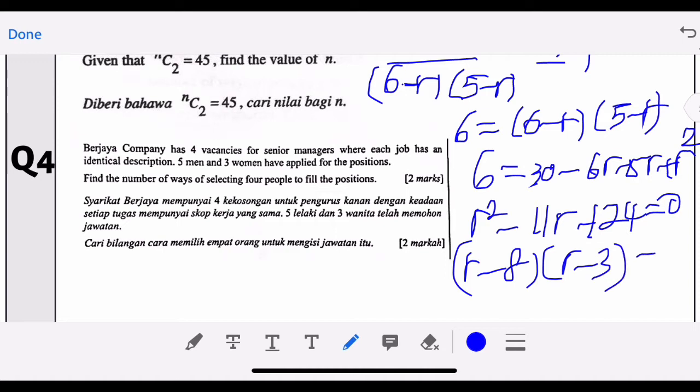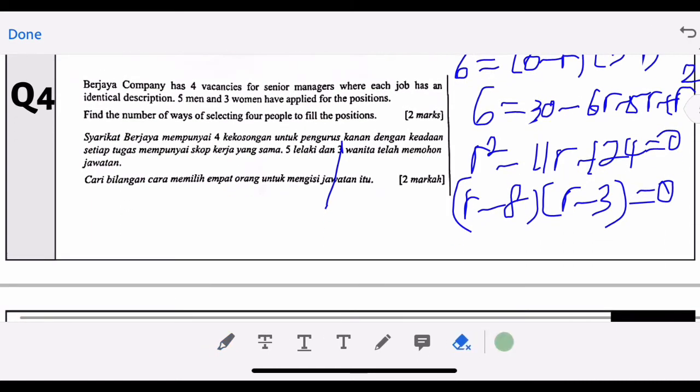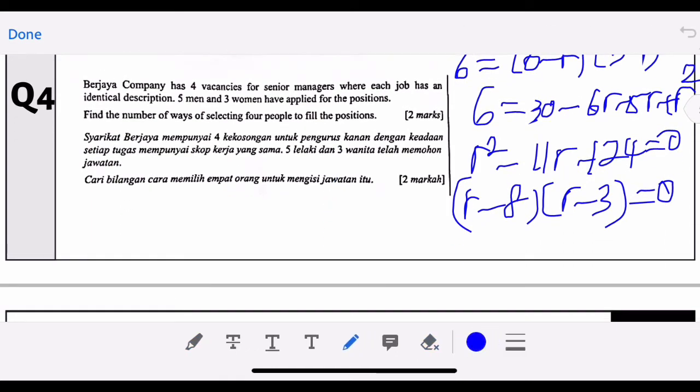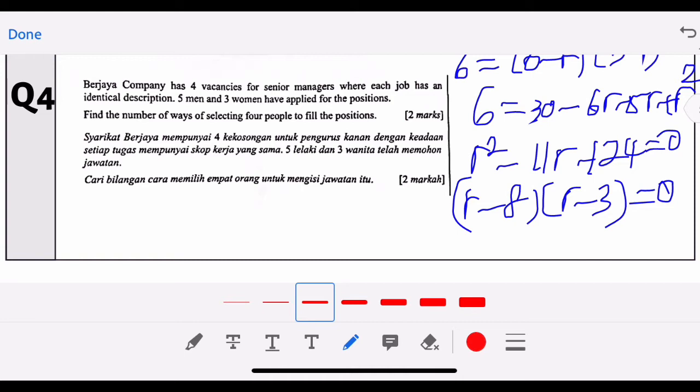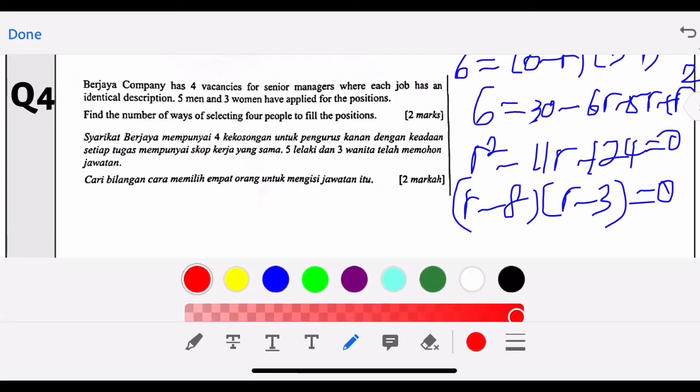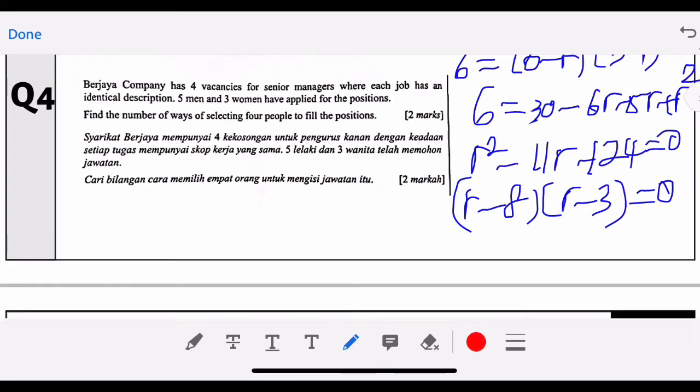Then I will factorize: (r minus 8)(r minus 3) equal to 0. Hence I will have two answers for r. One answer for r is 8. The other answer for r is 3. And then I will check whether the answers are acceptable or not.